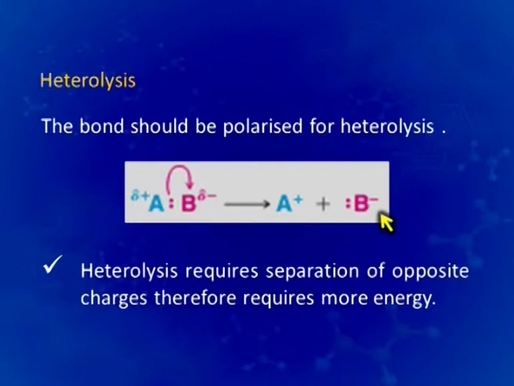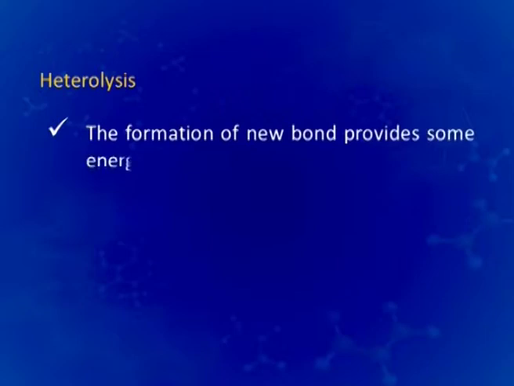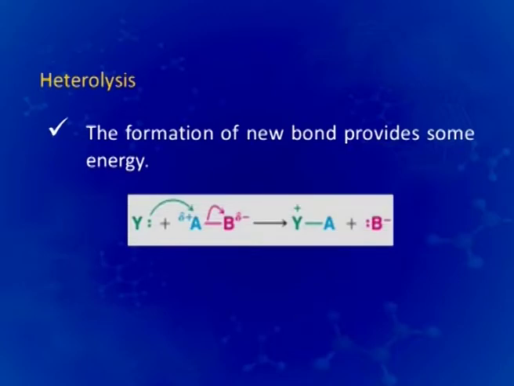But why does this reaction then take place? The reaction takes place because there is a driving force also. What is the driving force? It is the formation of a new bond during the course of this reaction, which provides energy enough to cross the barrier of activation energy and lead to the formation of the product.